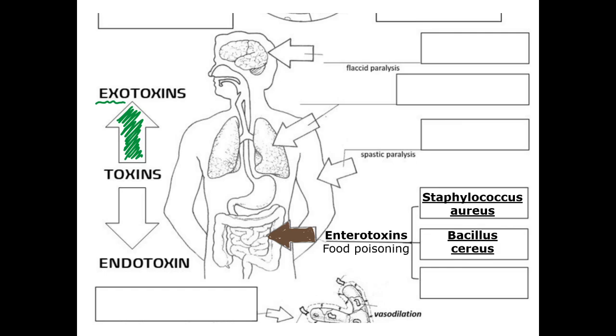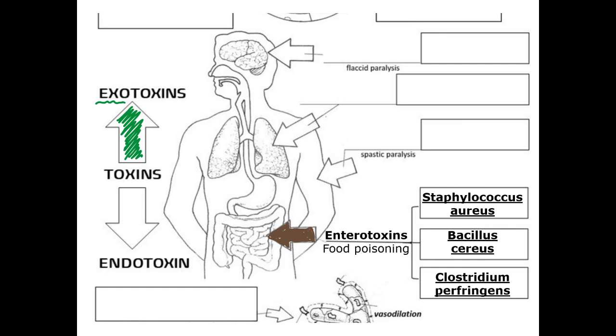Another one is Bacillus cereus. And it's a cute name because if you just shorten it, it's "be serious." You seriously have some diarrhea and possibly some vomiting. And then the third one is Clostridium perfringens.